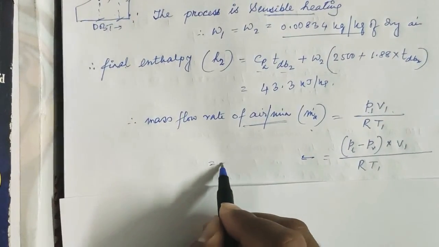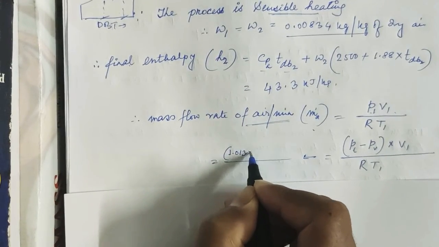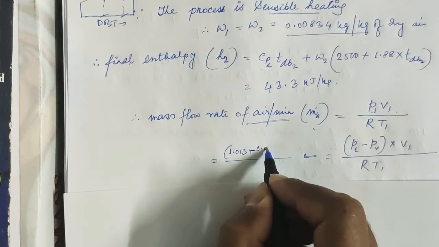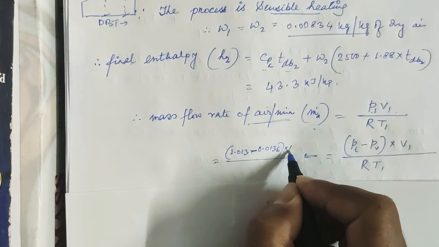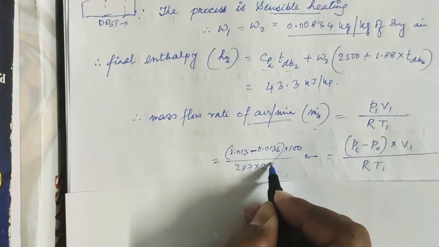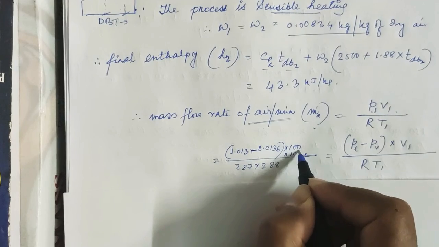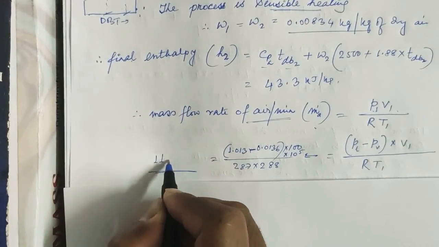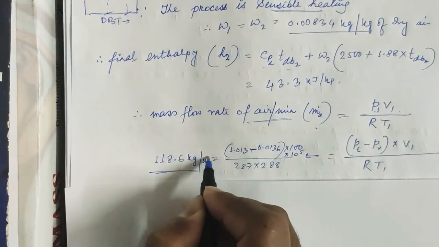So that will be (1.013 minus 0.0136) into V1, which is 100, divided by 287 into 288. Another thing will be there, Pascal. So that will give you 118.6 kg per minute.